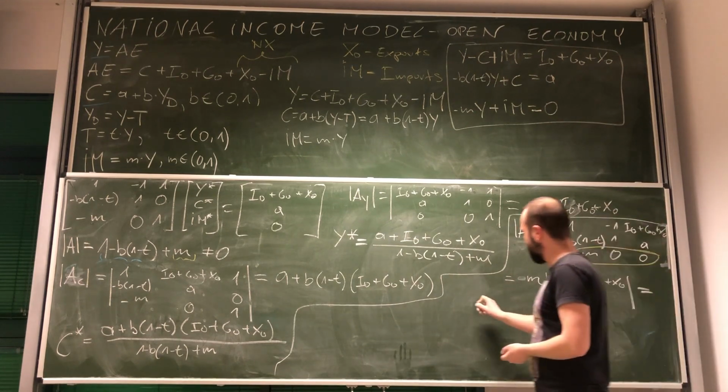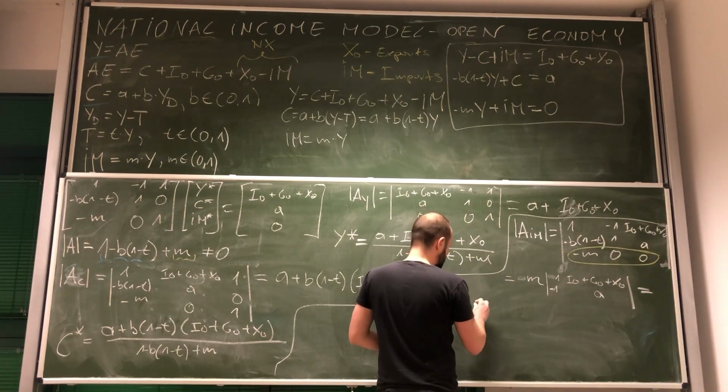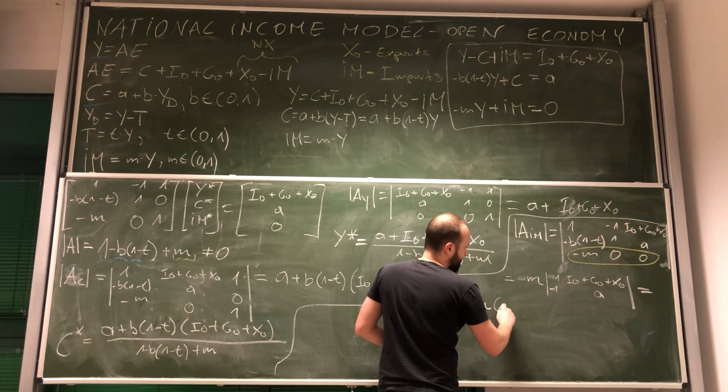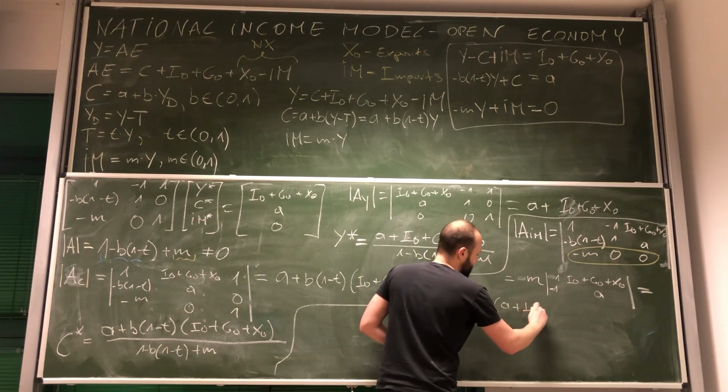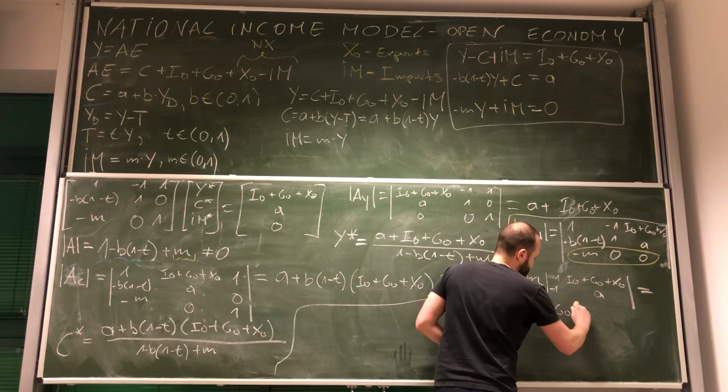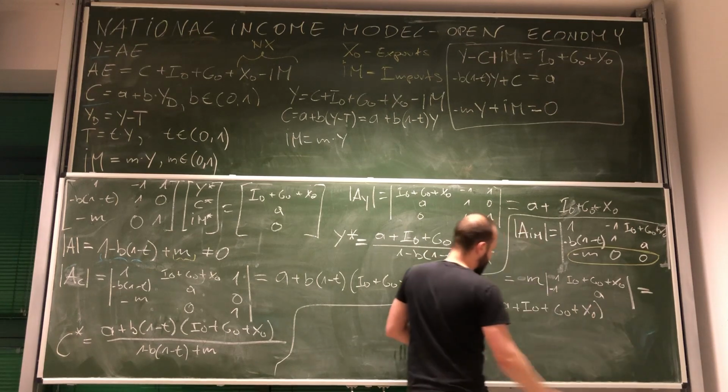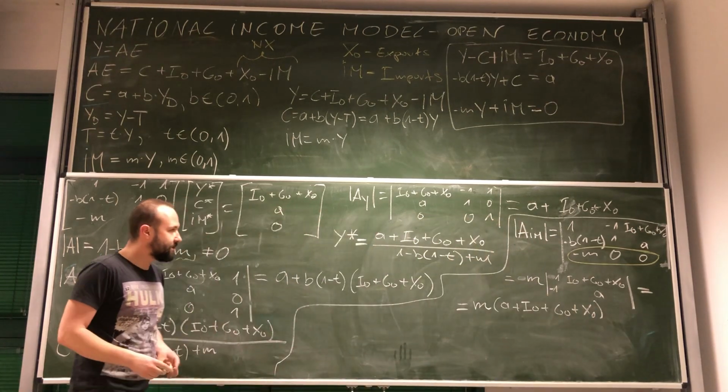Well, this is equal to M times A plus I0 plus G0 plus X0.